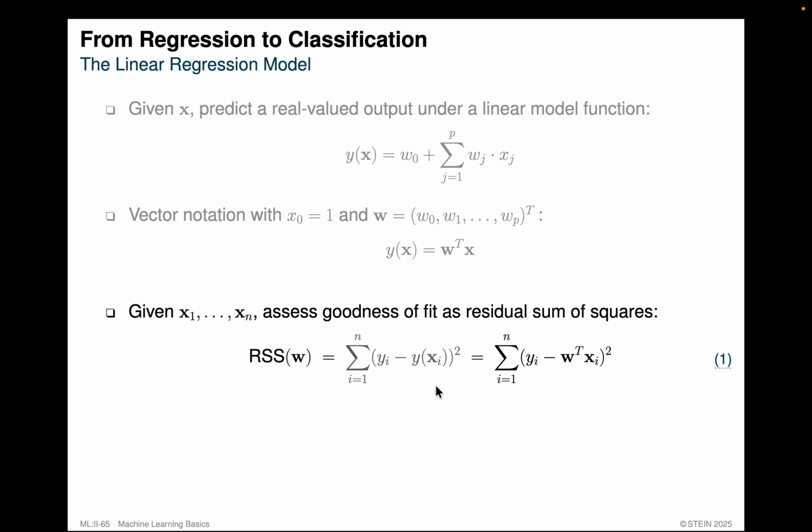And we do that by computing the model function and taking the difference to the expected value and squaring that. Or if we use the vector notation, we simply compute the scalar product of the parameter vector transposed multiplied with the feature vector, take the difference to the expected value, square that and sum this over all our customers. So this is the sum of the squared residuals, and this is called the residual sum of squares.